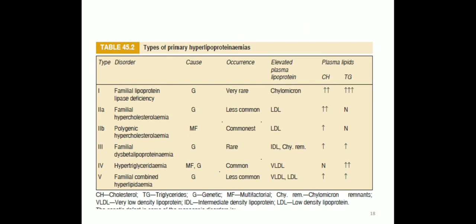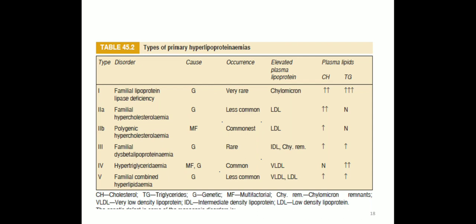Now type 4, which is common, is hypertriglyceridemia, having an increased VLDL. Another important one is familial beta lipoproteinemia, which is rare, but we have to learn about this also, having an increased IDL and chylomicron remnant.